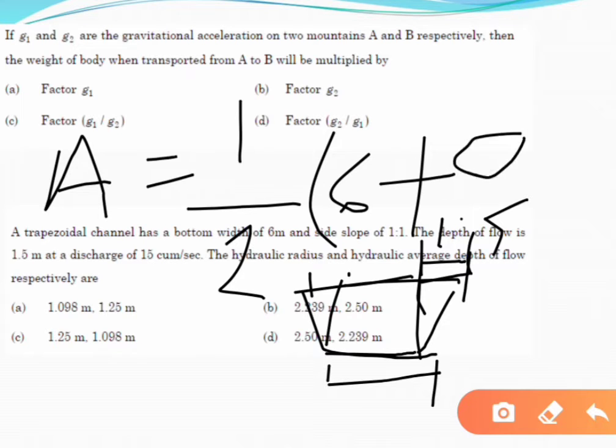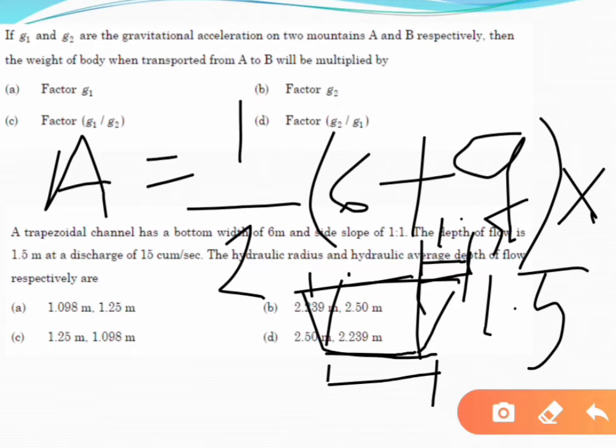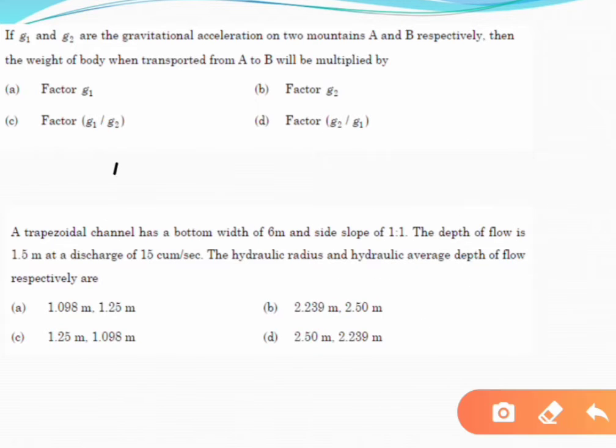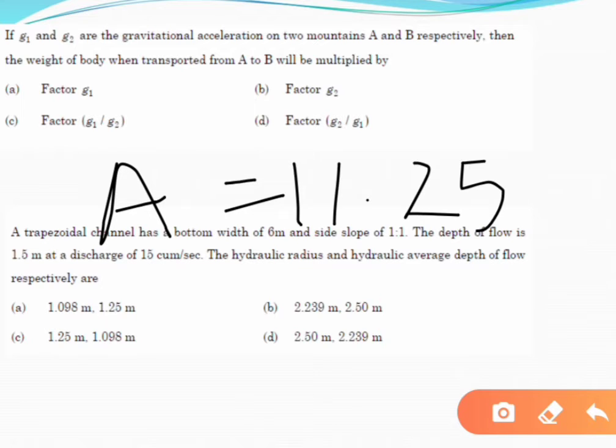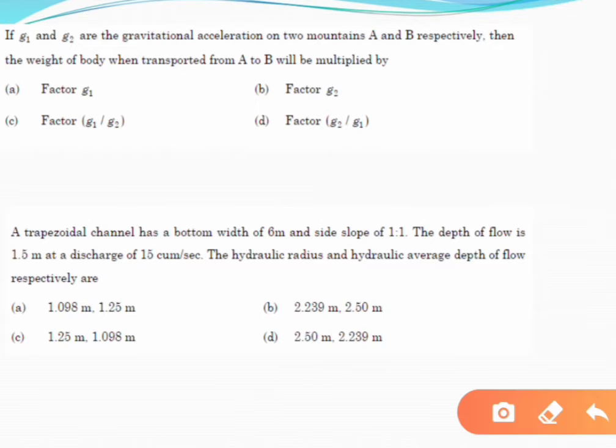That means 6 plus 6 into 1.5 into 2, which is 9, into depth, which is 1.5. So the area of the trapezoidal section is 11.25 meter square.